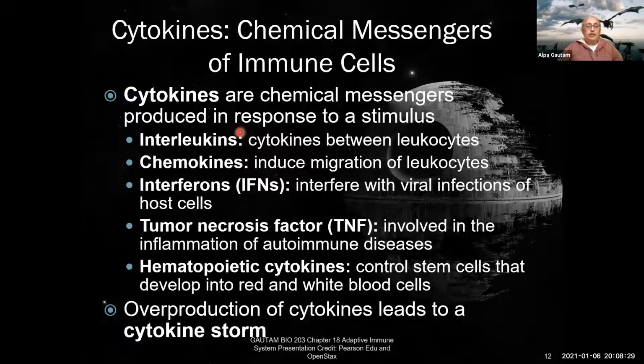Interleukins are chemicals that infected cells release, and then these will travel to nearby healthy cells and cause those cells to produce antiviral molecules. Then you have chemokines, and these are going to cause the migration of leukocytes, so they cause the chemotaxis.